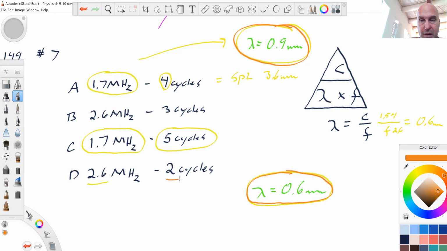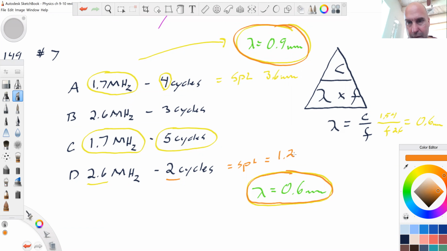So what's the spatial pulse length? I'm multiplying wavelength times 2, so that's 1.2, so it should be 0.2. I am correct. I panicked. The reason I panicked is because I looked at the wrong number above me.